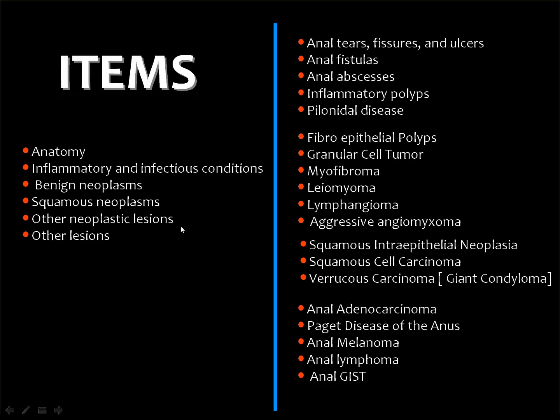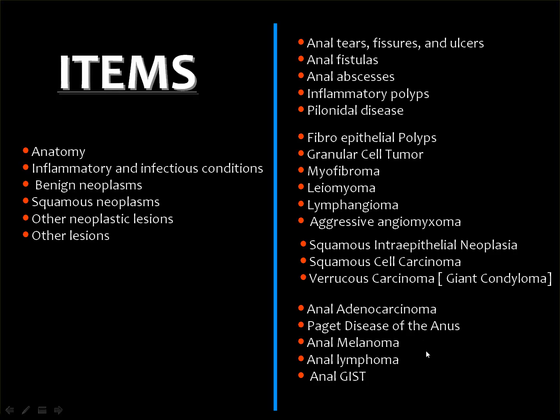Then we will discuss some of the benign lesions occurring in the vicinity of the anal canal, like the fibroepithelial polyps, the granular cell tumor, the myxofibroma, the leiomyoma, the lymphangioma, and also the neurofibroma.